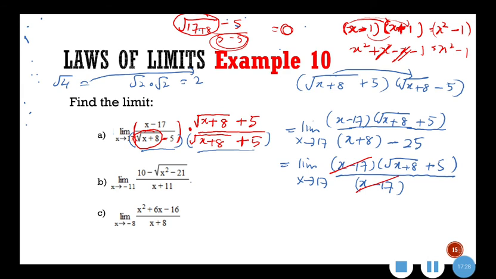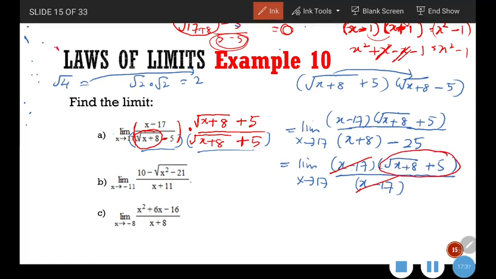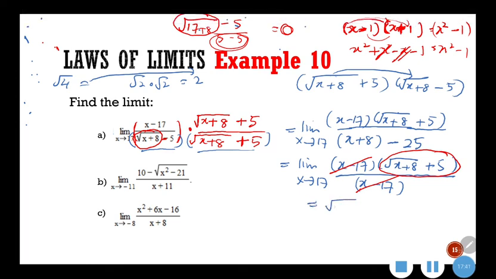So now you can straight away substitute 17 into this. So we have 17 plus 8, square root 25 is 5, plus 5, you get 10.